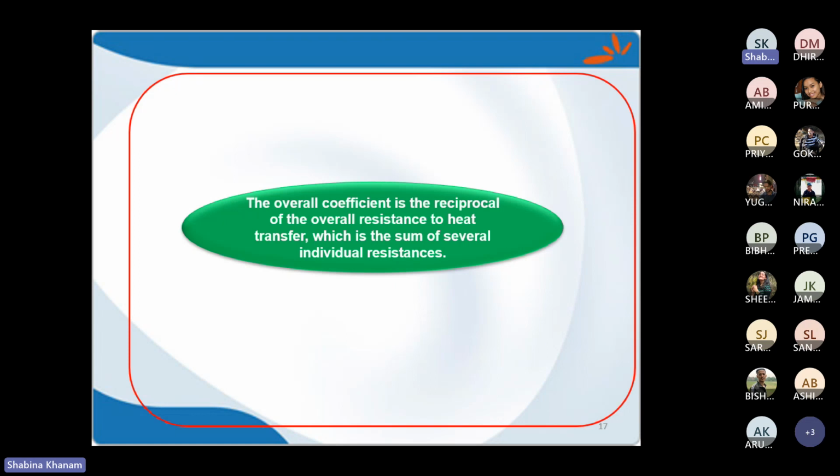What will happen in a double pipe? There is an inner pipe and the outer pipe, and the heat transfer will occur through the outer surface and inner surface of the inner pipe, not the outer pipe. From the outer surface of the outer pipe only heat loss will occur, but heat transfer will occur in the inner surface and outer surface of the inner pipe. I hope you are able to follow.